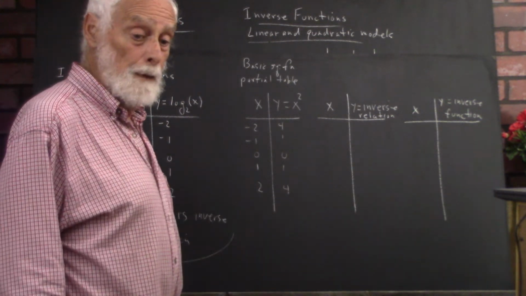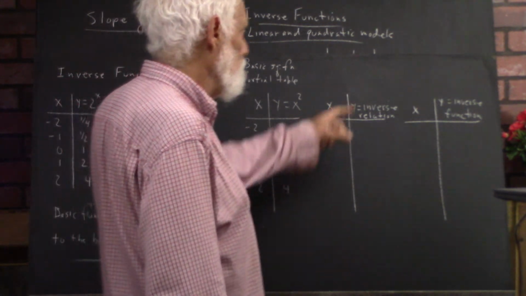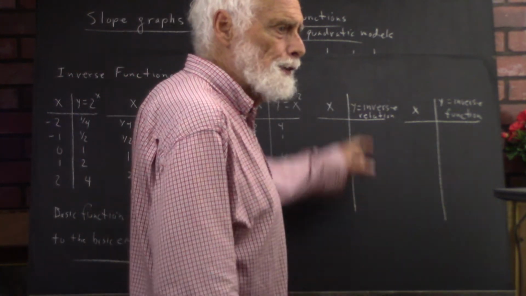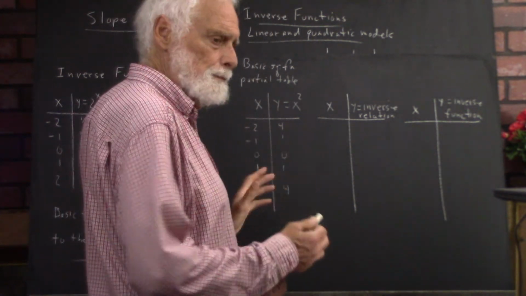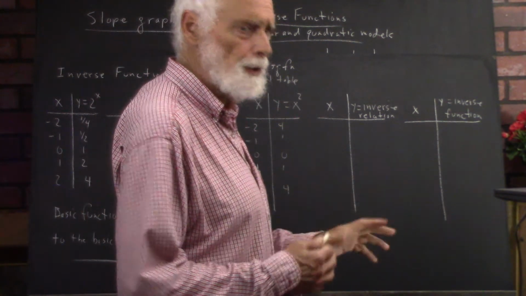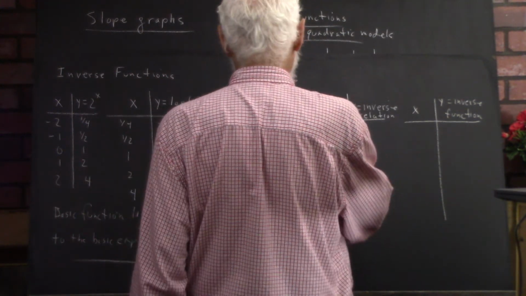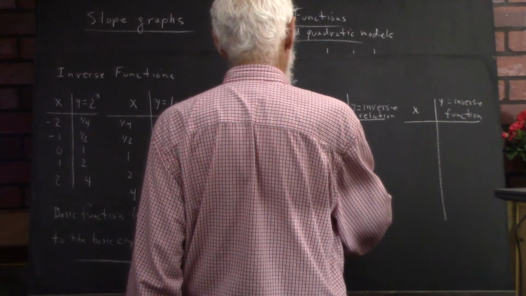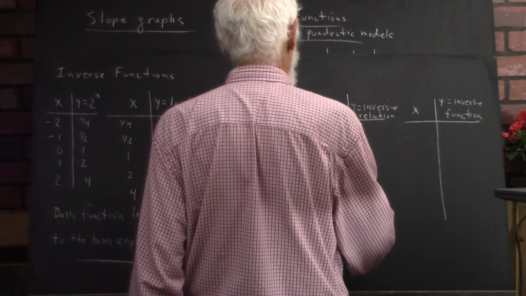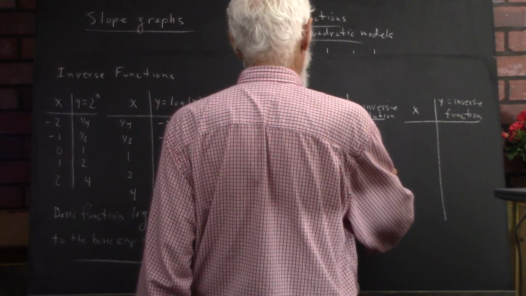There it is. Well, now we're going to do the inverse relation. I'm not saying inverse function, because what you get when you switch the columns is not going to be a function. So you would do this. Your x column would be 4, 1, 0, 1, 4.